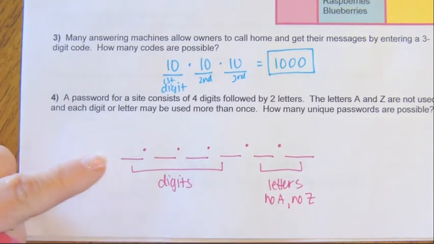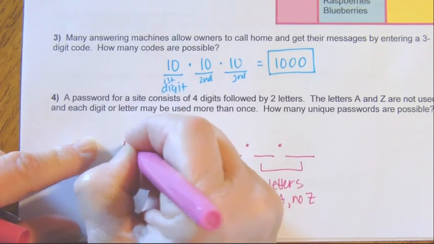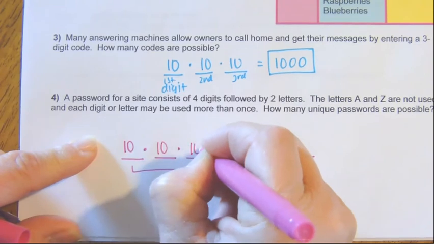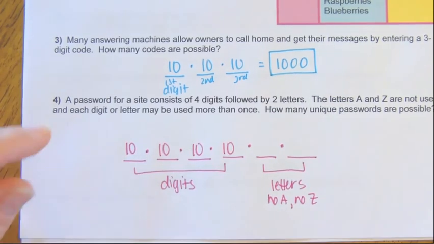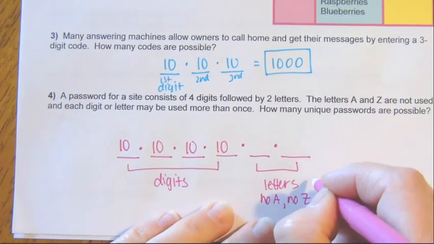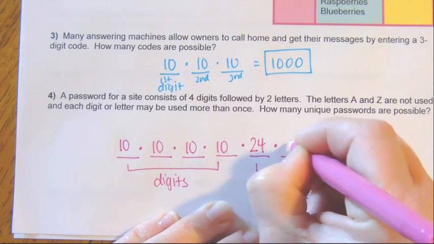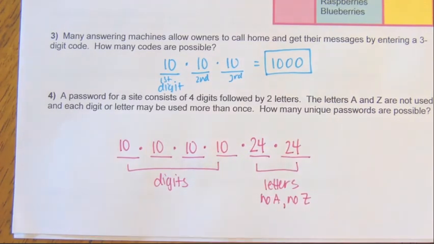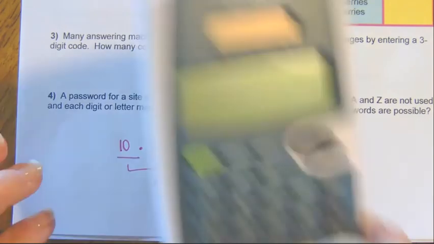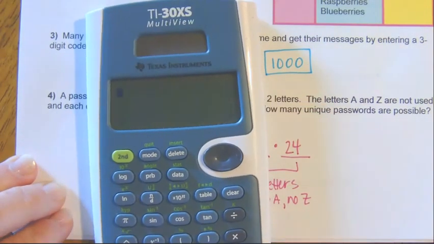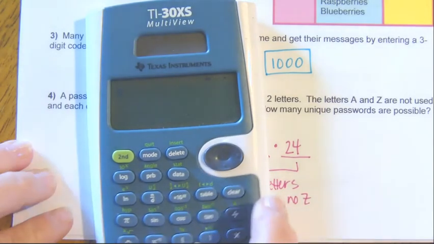So let me go back to the digits here. There is nothing specific. I could have 10, 10, 10, 10. For the letters, keep in mind there's 26 letters in the alphabet, but I'm only going to use 24 of those. All right, so then if I multiply this together, I'm going to get my calculator. These numbers are getting kind of big. I could type 10, 10, 10 4 times.